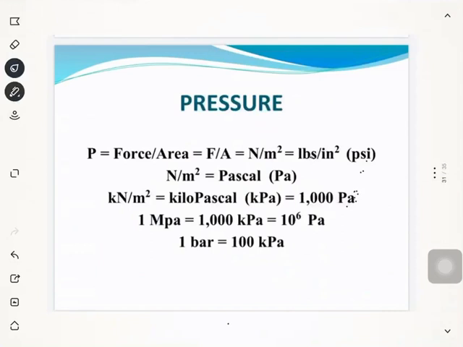So we have kilonewton per meter squared, that is kilopascal or kPa, or 1000 Pascal. We have megapascal, that is 10 to the 6 Pascal. We have 1 bar, equivalent to 100 kilopascal. We have also some other units of pressure.